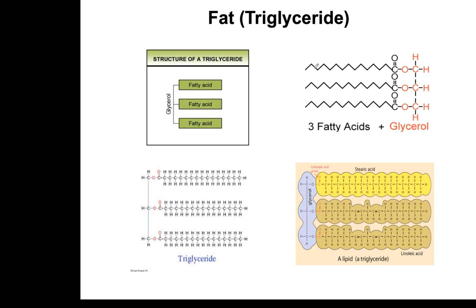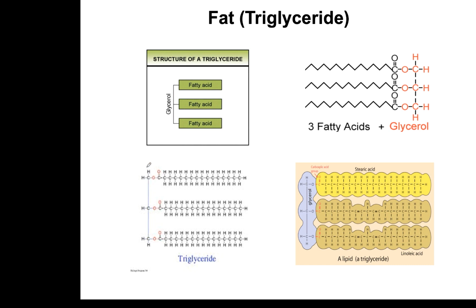The length of the fatty acid chain is different between the types of fat. Glycerol has 3 carbons, and each carbon links with a fatty acid chain. So fat, in other words triglyceride, has 3 fatty acid chains connected to a glycerol backbone.